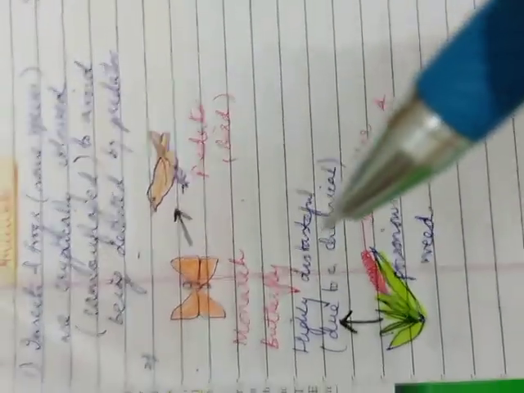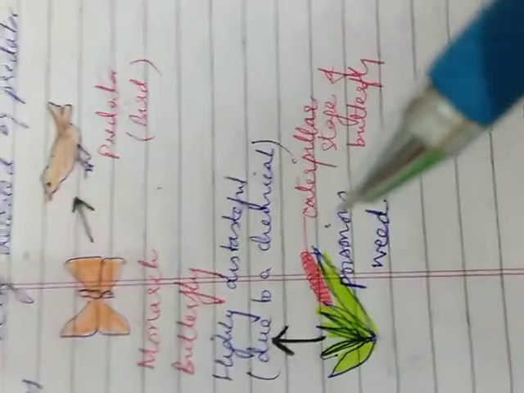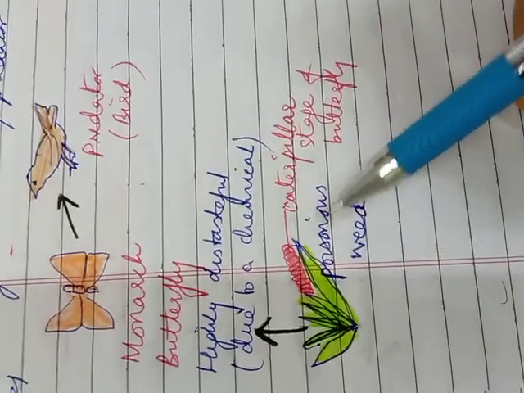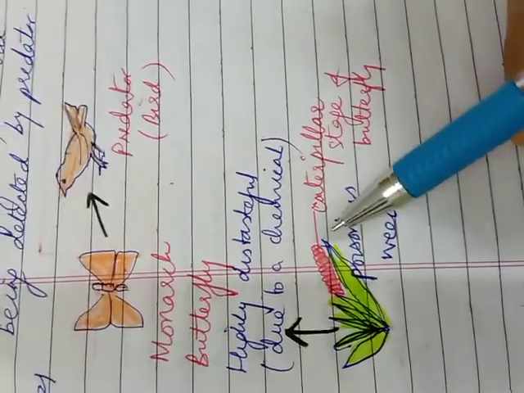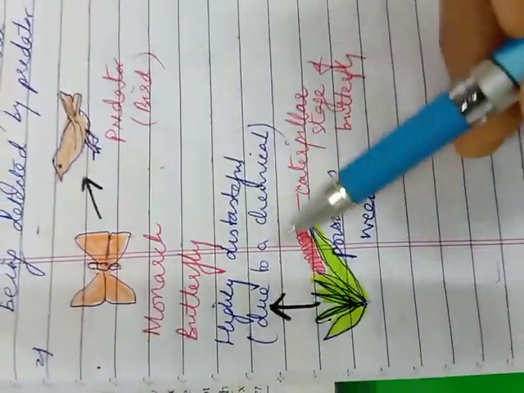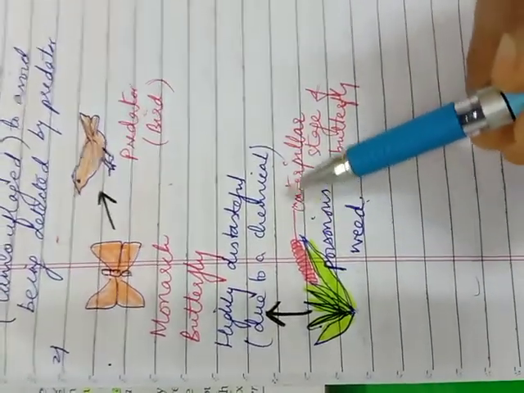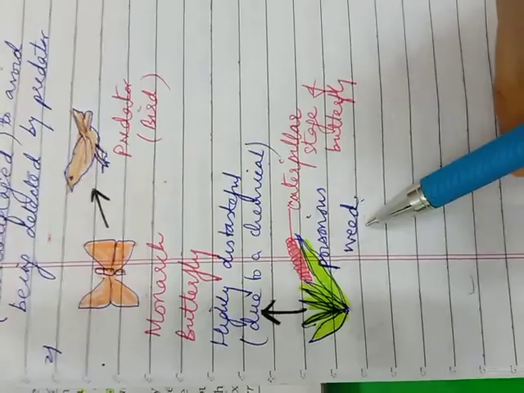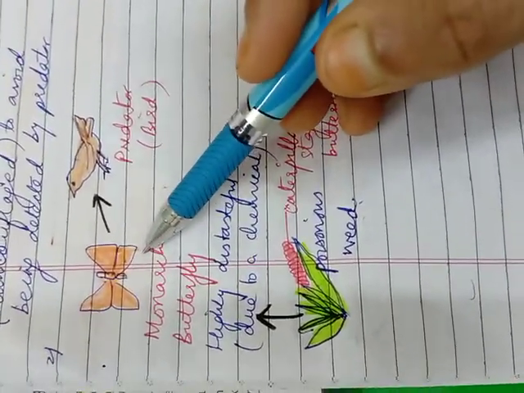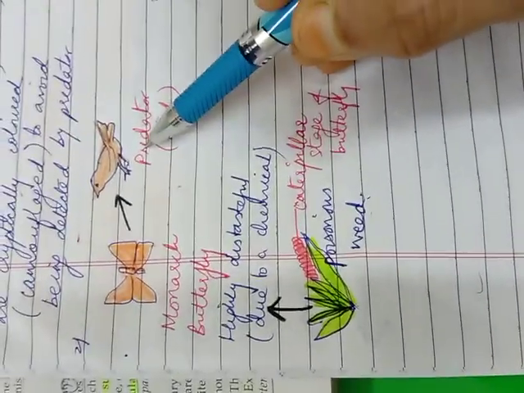It is said that the monarch butterfly, during its early caterpillar stage, feeds on a poisonous weed. Weed means a wild plant. This poisonous weed makes a substance in the body of the butterfly which is highly distasteful. Because of this unpalatable taste, it stays safe and avoids being prey to the predator bird.